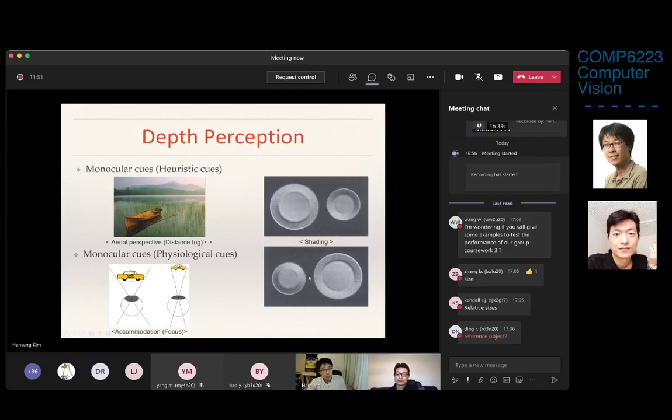There are some more monocular cues, for example, aerial perspective. I showed that you get some kind of haze of texture if it's very far, right? Something like fog. And another very interesting one is shading. So here you can see that there are two dishes, but one is convex and the other is concave, right? Can you tell which one is convex and which one is concave?